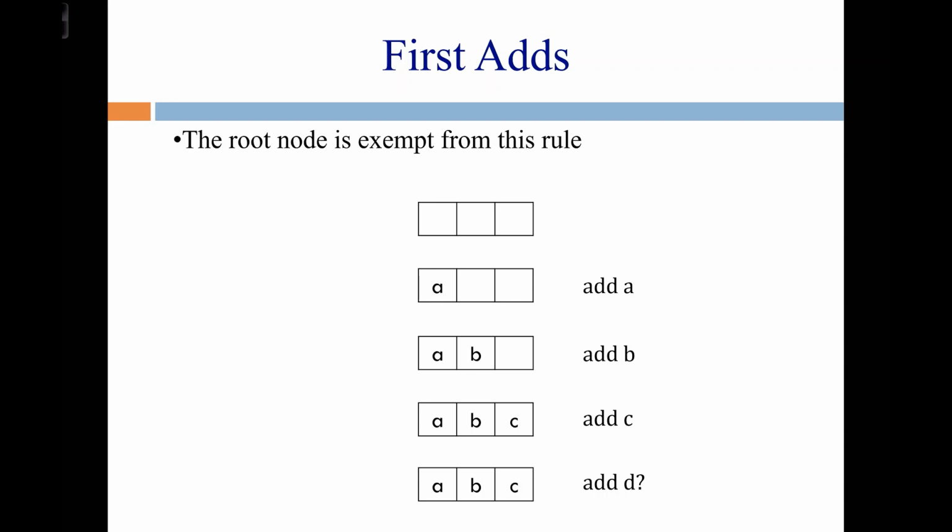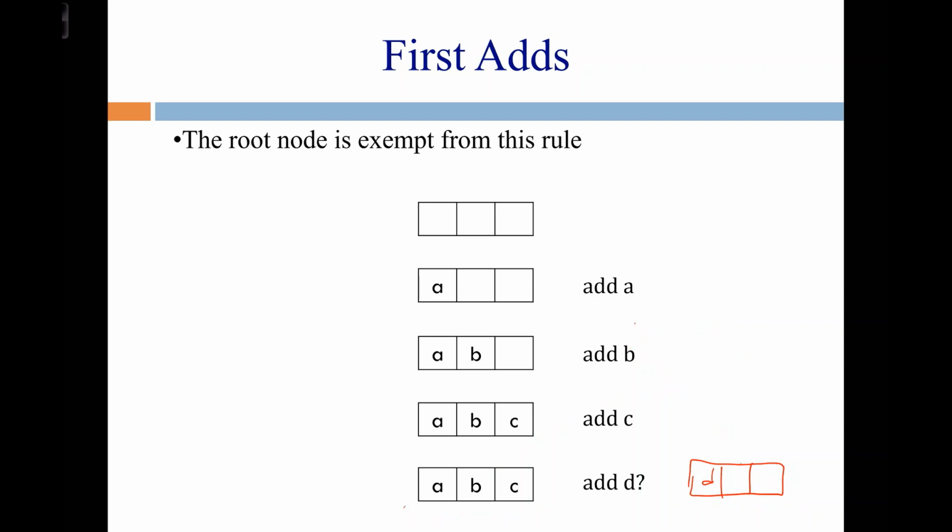And if we just made another new node over here, and then put D in it, then this one is no longer the root node. In order for this to be a tree, we're going to have to make a new parent node of these two. So what that means is this is not allowed. We can't put D over there by itself into its own brand new node.